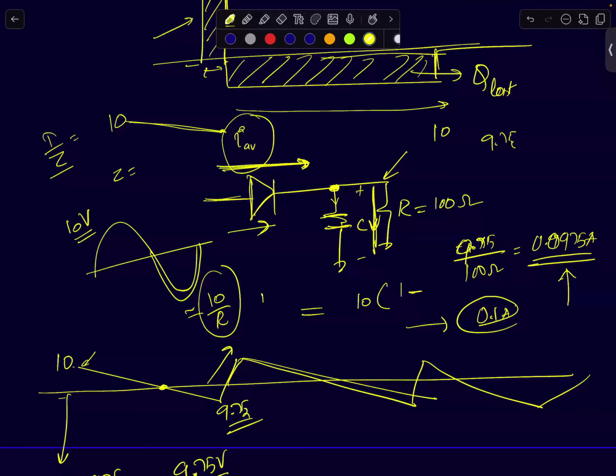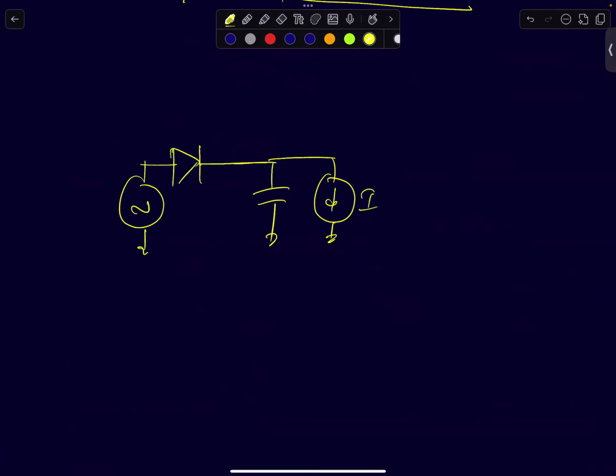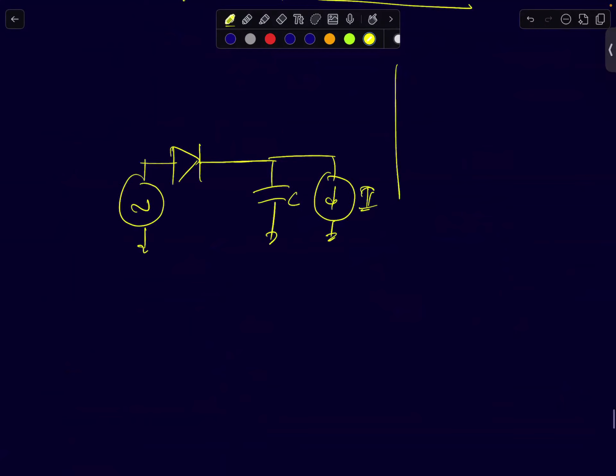The same holds true if I have a current source. If I put a current source I here, and a diode here, and assume the current source is not large enough to bleed the capacitor fully, it will bleed the capacitor linearly.